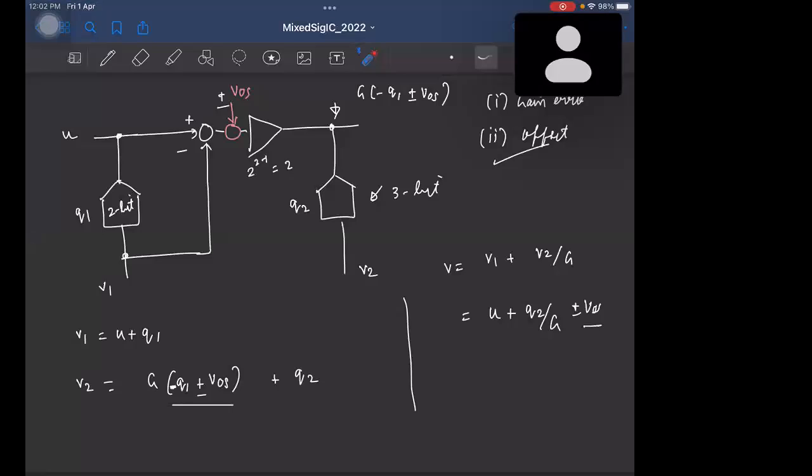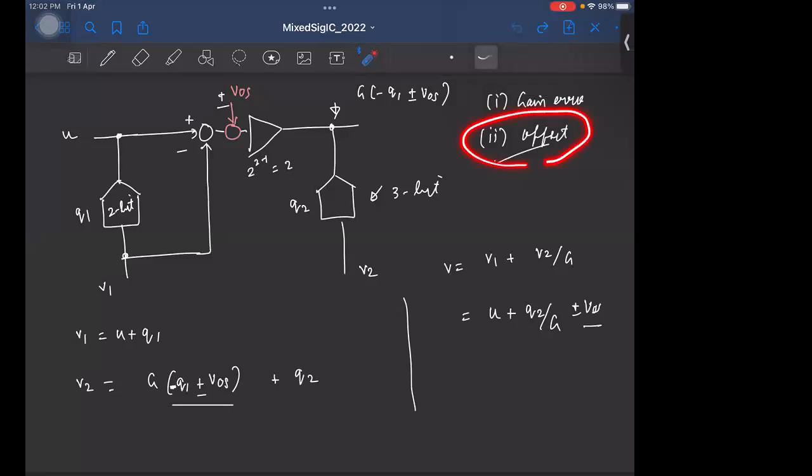Yeah, okay. So then first we looked at the offset issue, and we saw that the offset in the first amplifier just adds to the overall offset of the ADC. So this offset doesn't create a big issue, right?